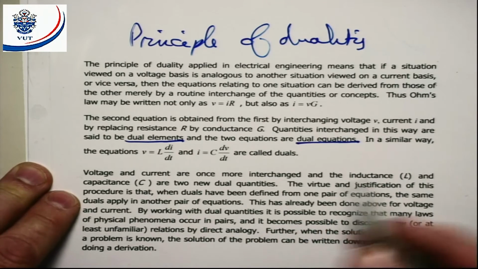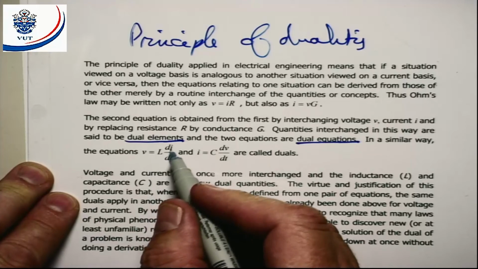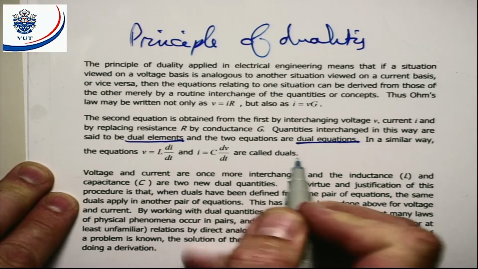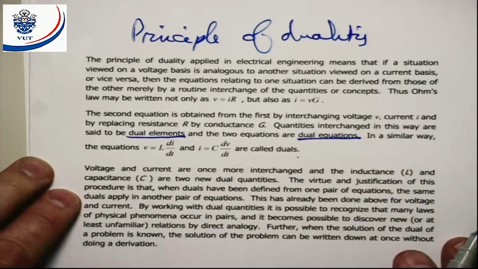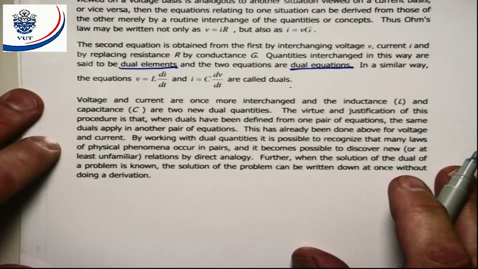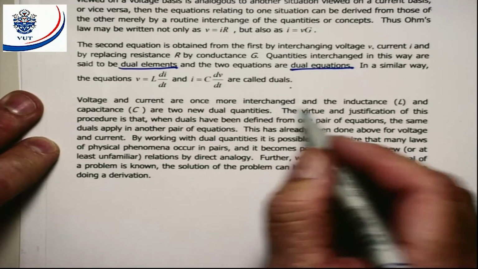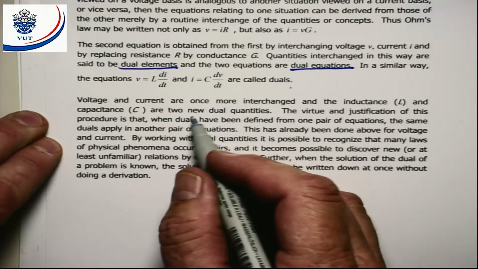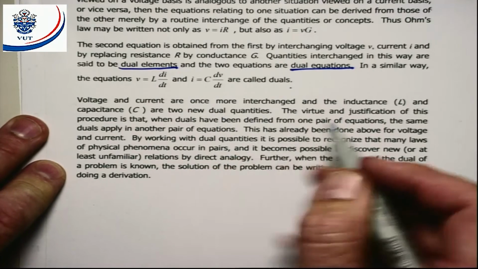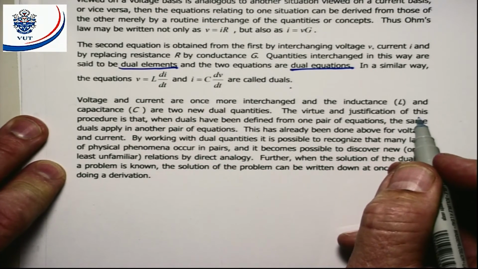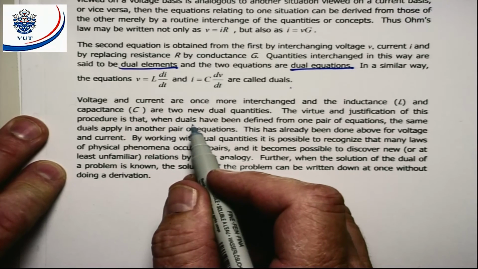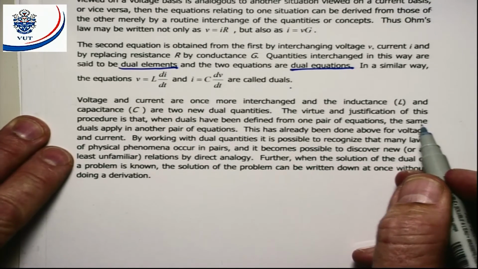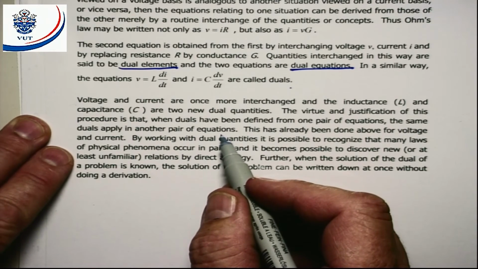In a similar way, the equations V is equal to L di/dt and I is equal to C dV/dt are called duals. Voltage and current are once more interchanged, and the inductance L and capacitance C are the two new dual quantities. The virtue and justification of this procedure is that when duals have been defined from one pair of equations, the same duals apply in another pair of equations.